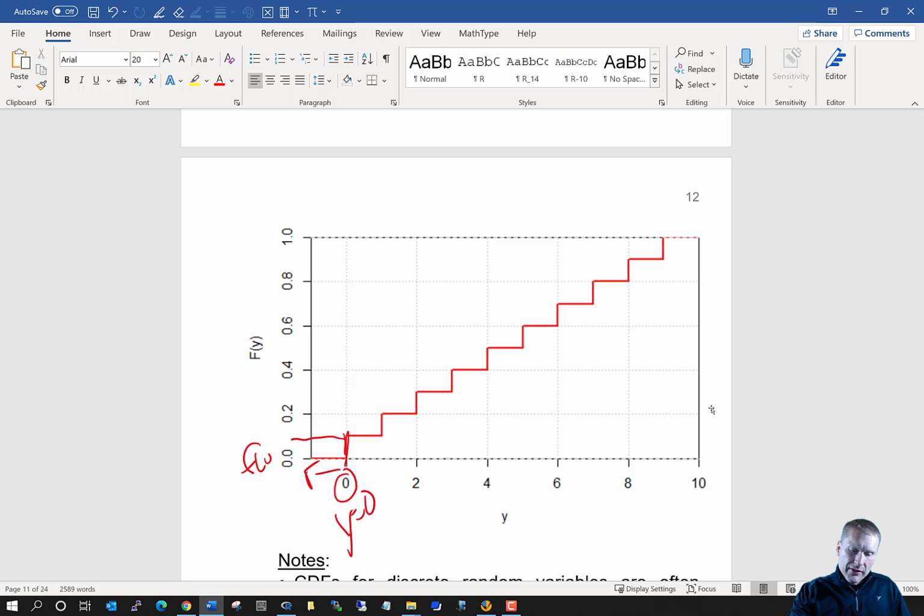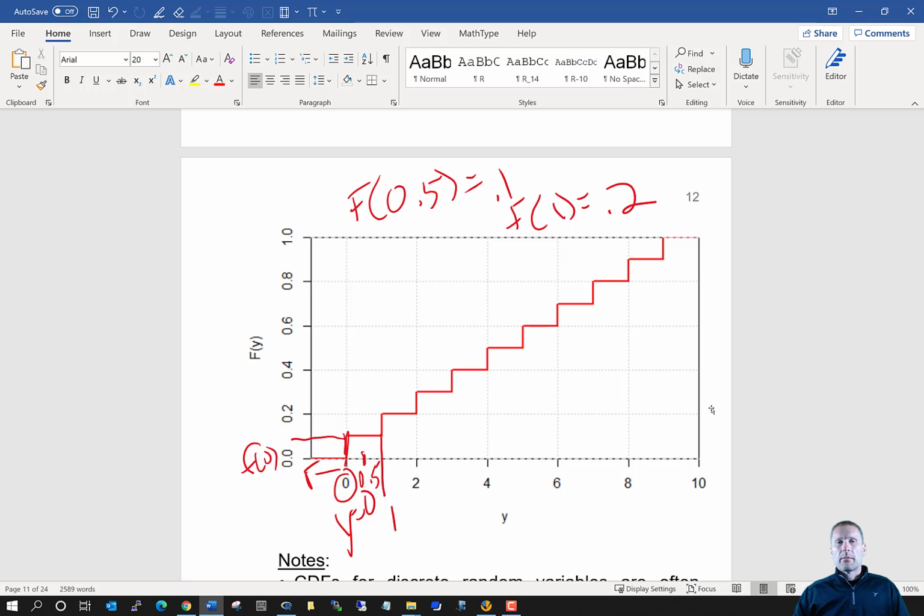Well, it's little f of 0, because that's what I'm now accumulating. And then we see, for example, if I was at, let's say, 0.5, notice that capital F of 0.5 is still at 0.1. It's not until I actually get to a y value of 1 do I have a jump. And now capital F of 1 is equal to 0.2.